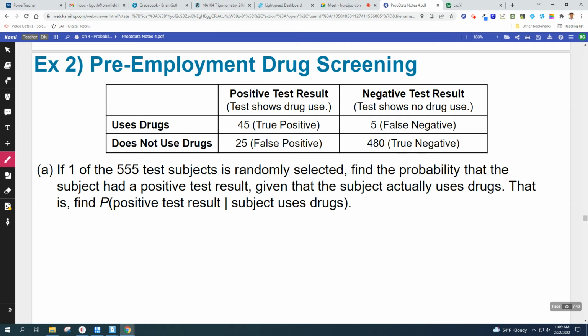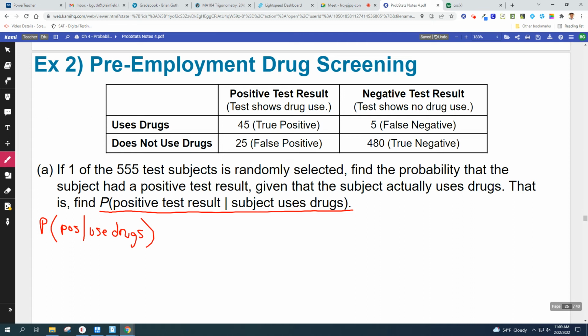So I'm going to take this and rewrite it, shorten it. Probability of positive given that they use drugs. I just abbreviated it a little bit.